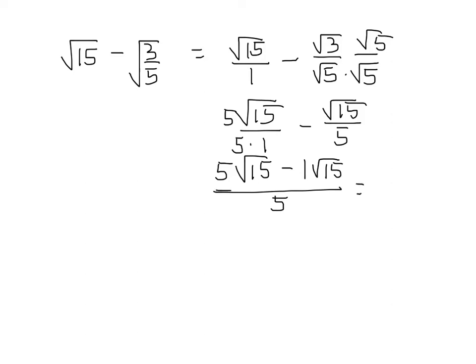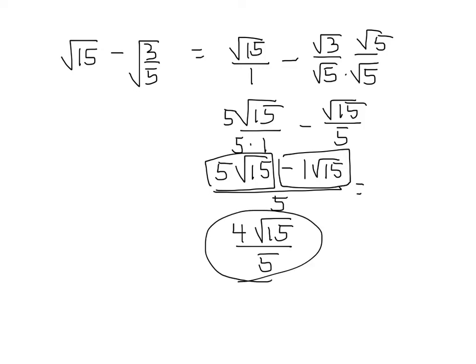And my like terms are here. 5 root 15 minus 1 root 15 is 4 root 15, and that entire quantity is over 5. And this is simplified because, remember, we can't cancel out radicals with constants. So this is the final answer.